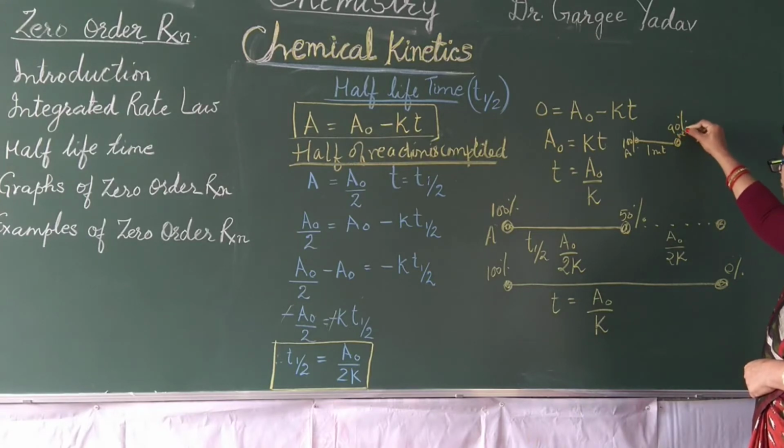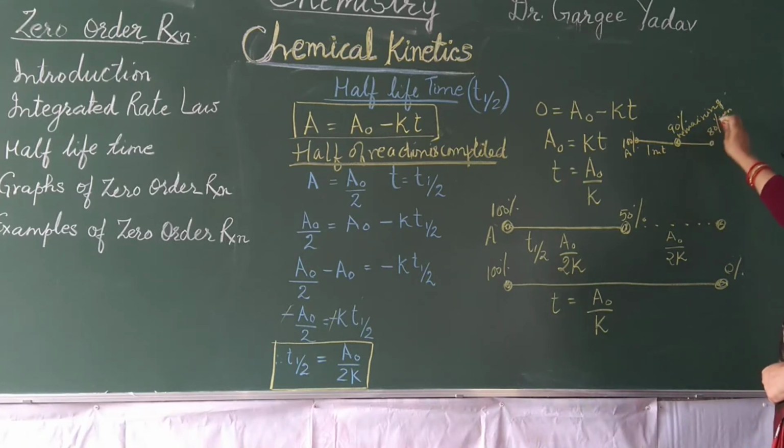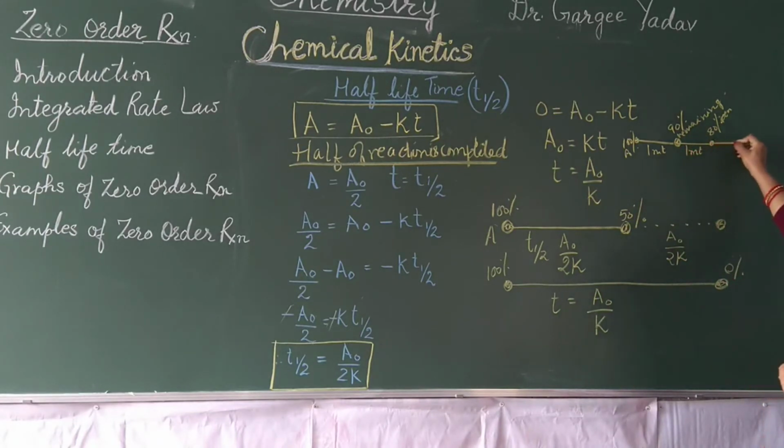Next, for 80% remaining, meaning 20% has been consumed, again it will take 1 minute. In a similar way, 70% remaining means 30% has been consumed, then it will take 1 minute. For the next 60% it will again take 1 minute.